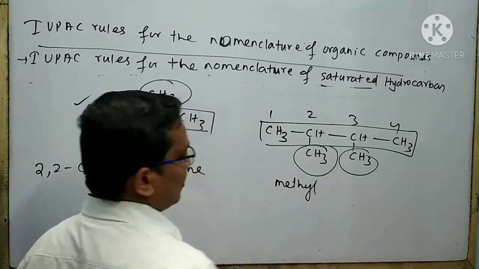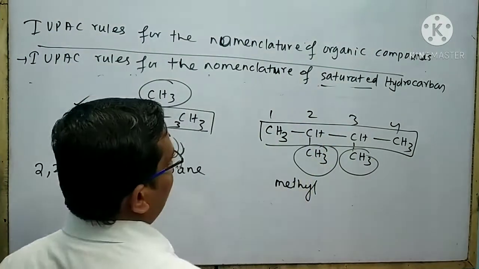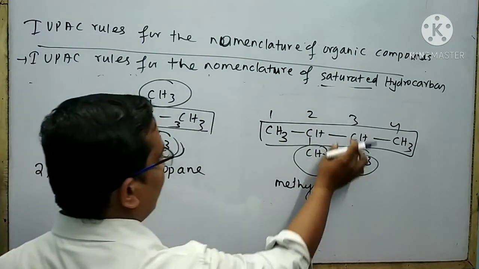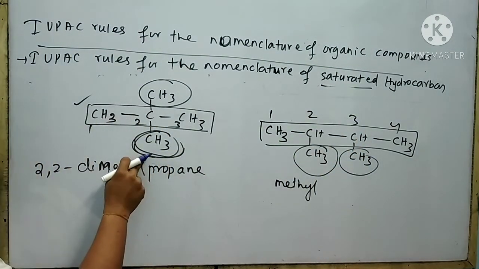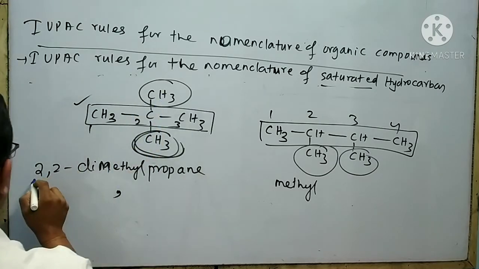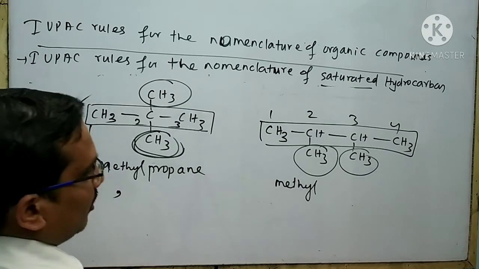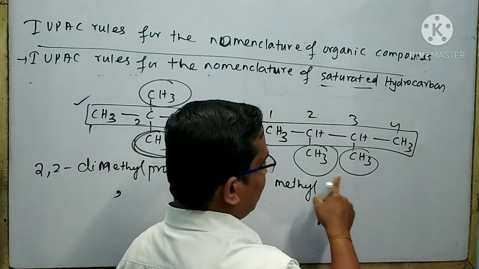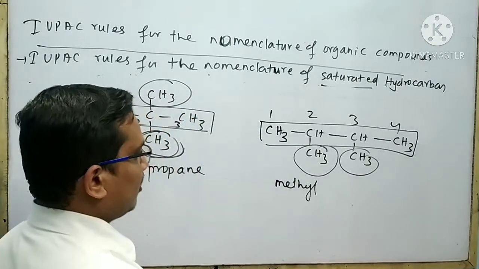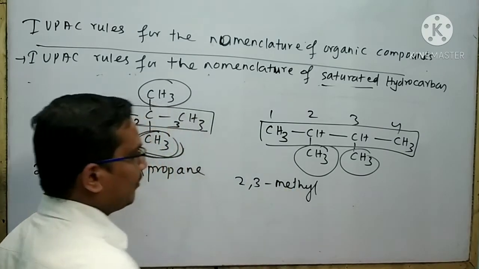The two substituents have different locants: one substituent has locant 2, another has locant 3. In the previous case, the two same substituents had the same locant, that is 2, so we wrote 2,2. Here the two same substituents have different locants, so it is bound to write 2,3-.